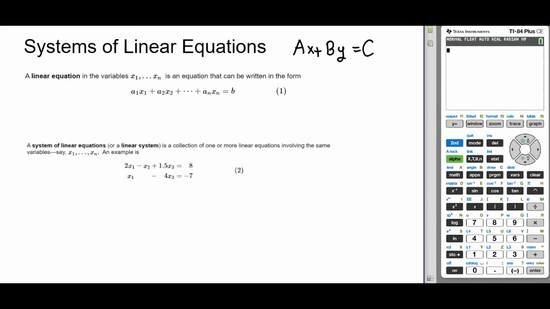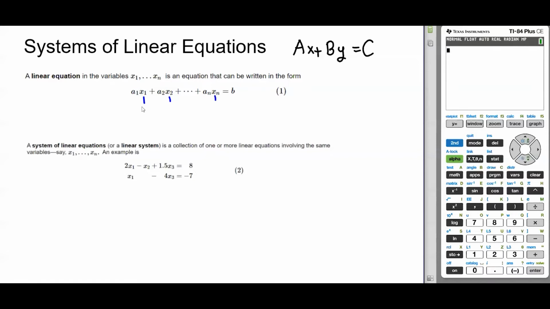So what most of us do is we let the variables be x's with different indexes. So we have subscript 1, subscript 2, and then subscript n for the last x variable.